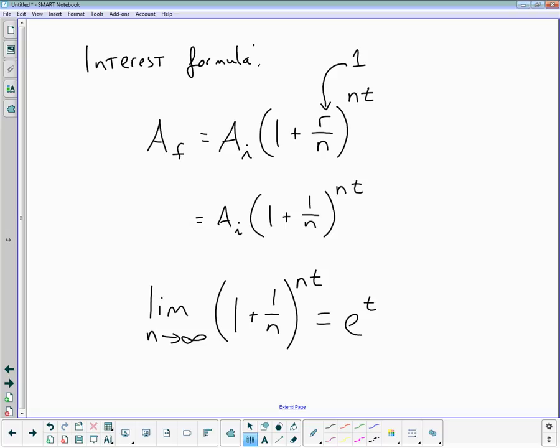We approach the function of e to the t. You see? It's neat. So this is where e comes from. It comes from growth. It's the maximum growth that you're going to get provided that you reproduce all the time and you get 100% on yourself.